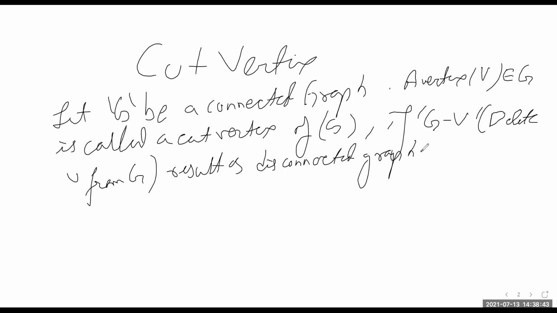Removing a cut vertex from a graph breaks it into two or more graphs. So one would be this part, and this would be the other. Let me draw an example.